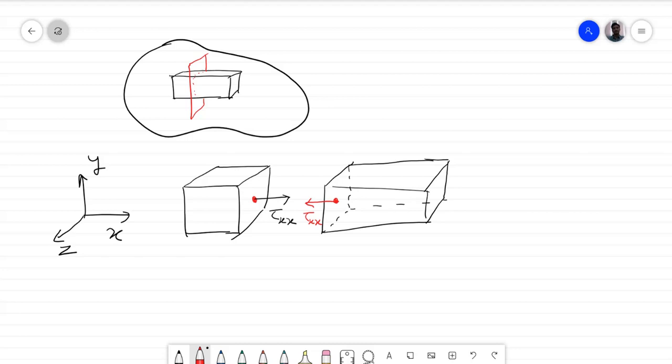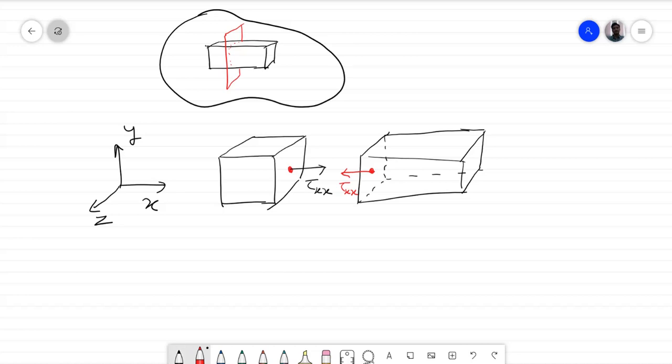Okay, the answer to that is that at this point P, let's call this point P, the force that the left body applies on the right body, let me draw it here again, the force that the left body applies on the right body, or the force that the right body applies on the left body, both of them are equal.